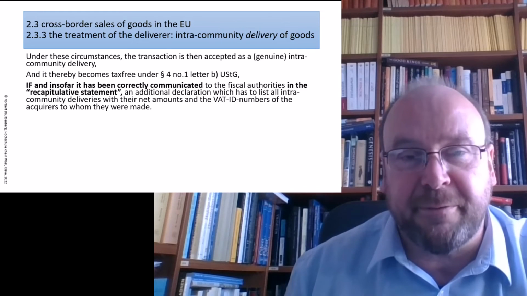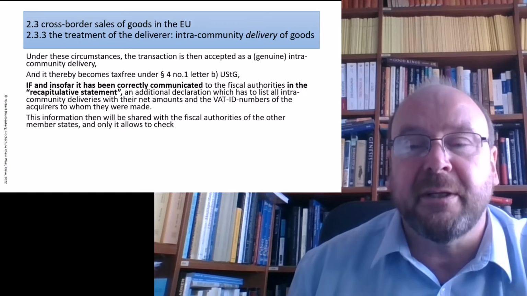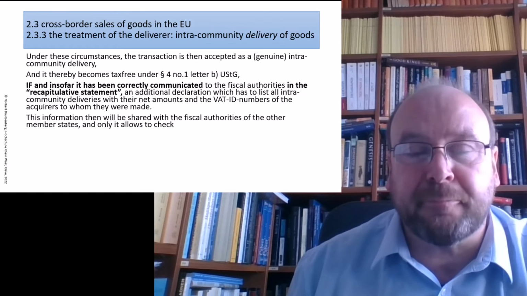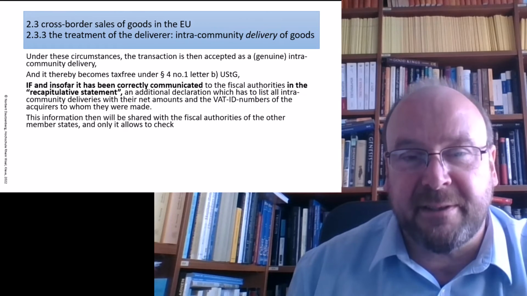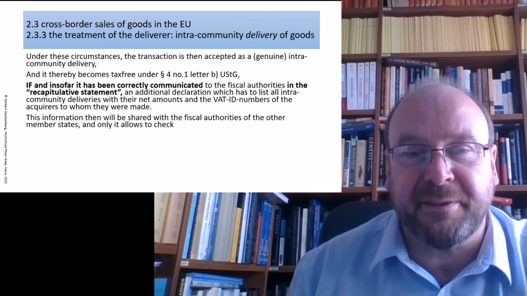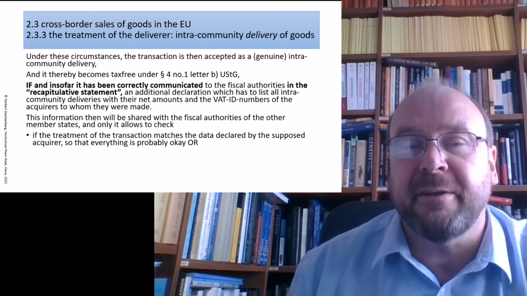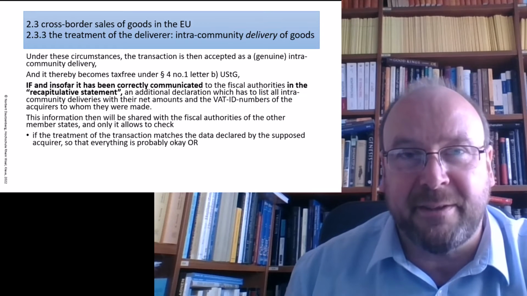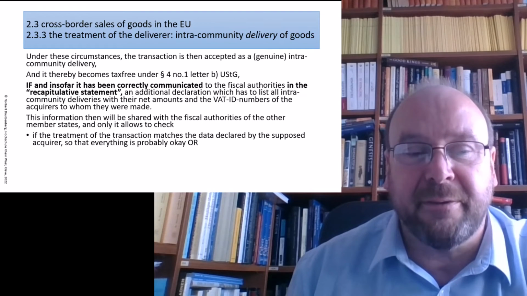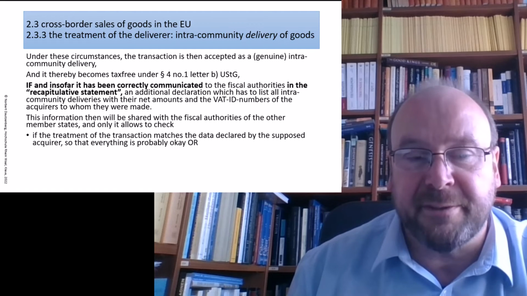If you did not fulfill this formal requirement, then the tax exemption for the delivery is strictly not granted. So then you have to pay the full tax until you correctly fulfill these declaration duties.